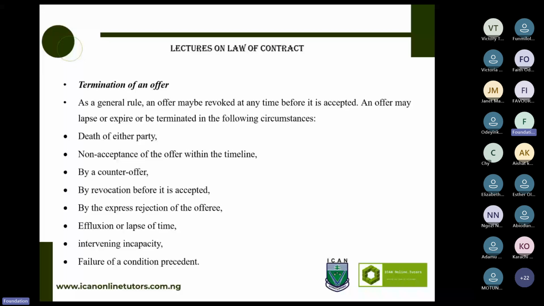And lastly is failure of the condition precedent. Going forward, I will not be speaking to everything, but I'll just explain in general. So failure of a condition precedent also has a relationship with what? Intervening incapacity. So looking at going forward and looking at a relationship in the past, you can just decide, I'm no longer interested in doing a contract with this person.